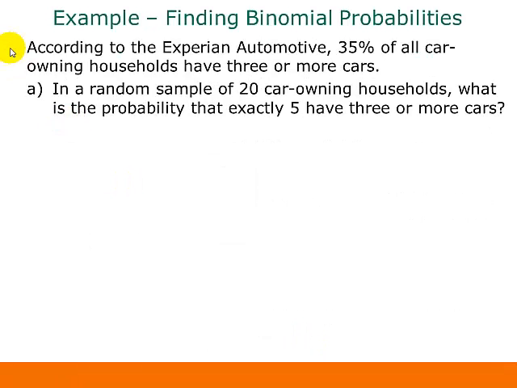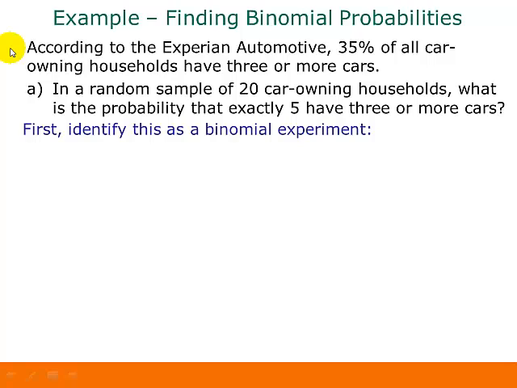Let's do an example. According to the Experian Automotive, 35% of all car-owning households have 3 or more cars. In a random sample of 20 car-owning households, what is the probability that exactly 5 have 3 or more cars? So first we need to identify this as a binomial experiment, or not.